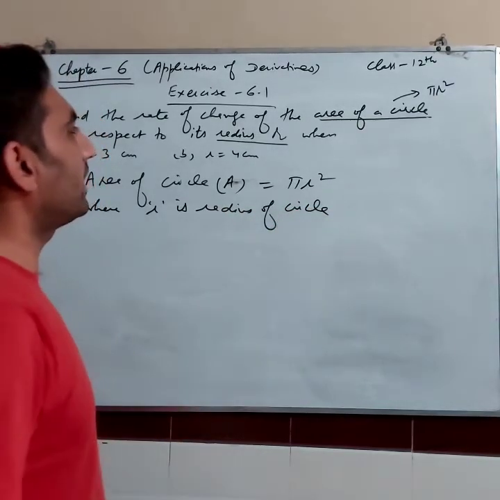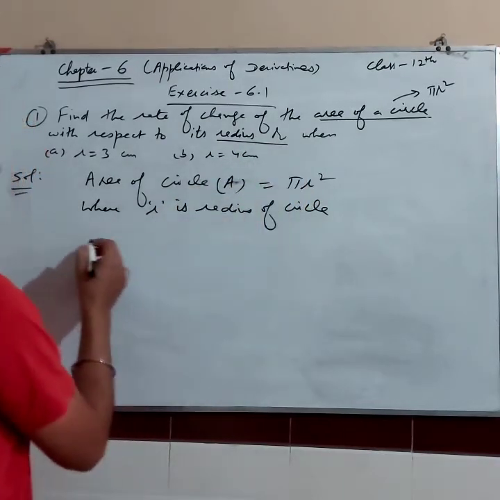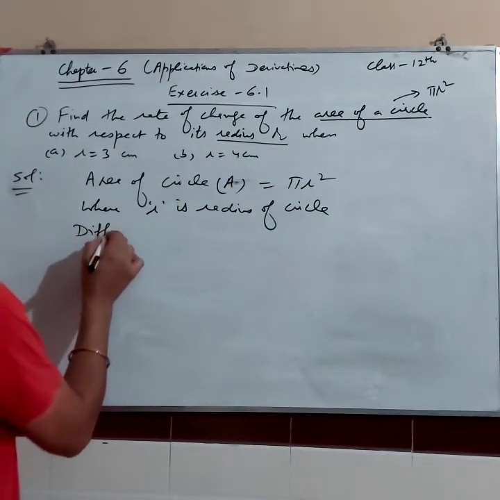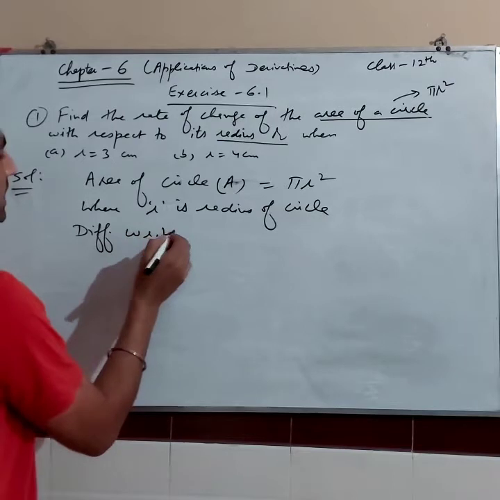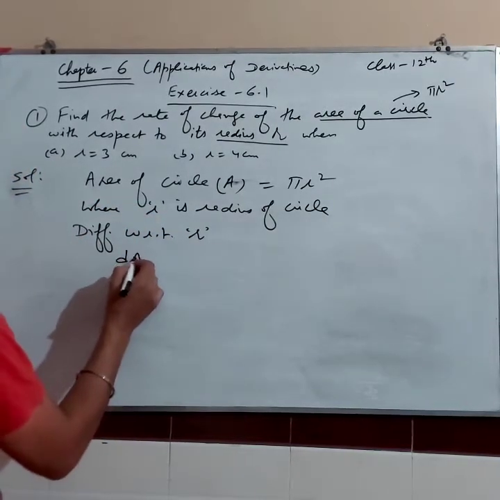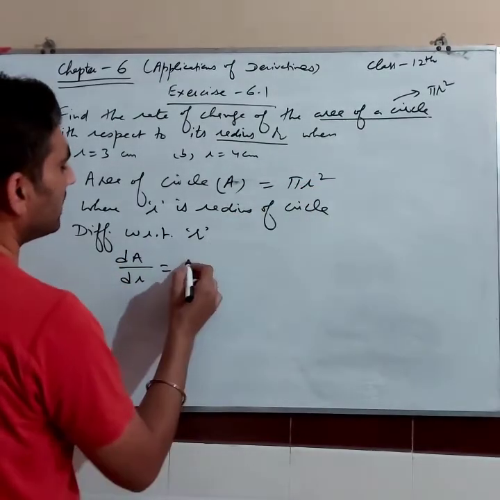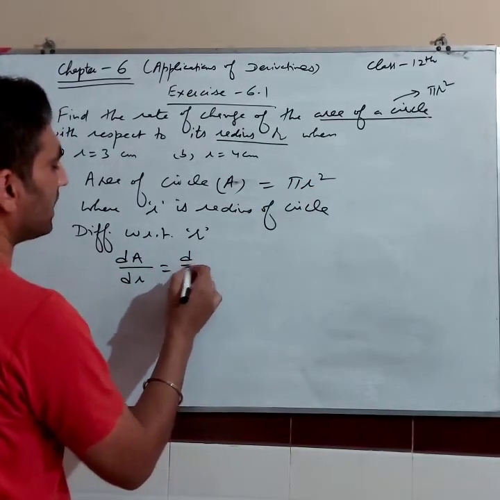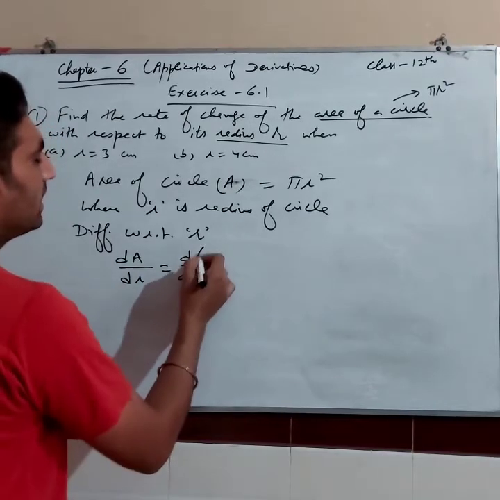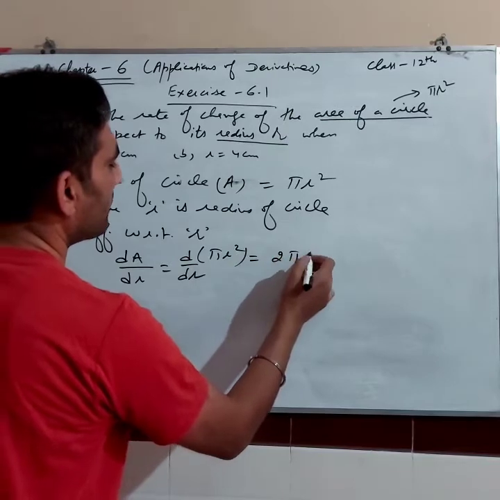Then you want to find rate of change of area with respect to radius. So you will write, differentiating with respect to radius r, it will be dA upon dr. It will be differentiating pi r square with respect to r, I am writing d over dr of pi r square, which will give 2 pi r.